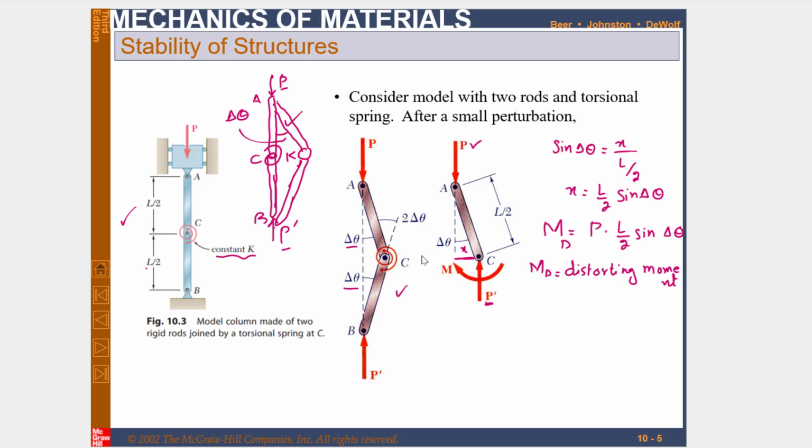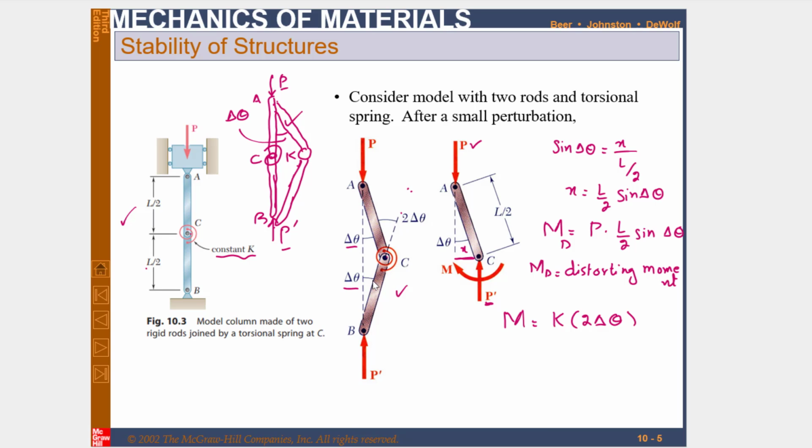Clear? Now we have already told you that there is a torsional spring at the point C. So due to this torsional spring there will be a moment, and that moment will be equal to K into 2 delta theta. Why 2 delta theta? Because you can see here this point C moves toward this point. Clear? So the angle with the axis of this center will be 2 theta.